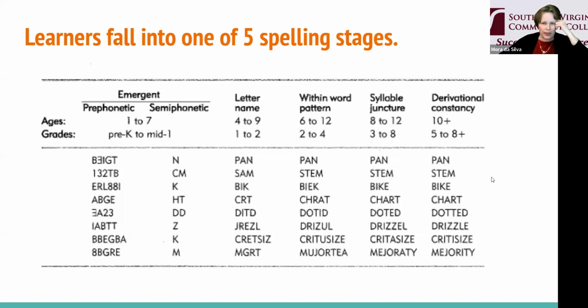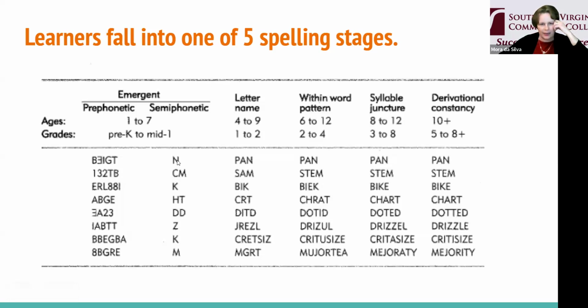Looking across here, say we had a student sample of a spelling word, and the word was pan. We asked them to spell pan. In the emergent stage, they're still drawing pictures. They can't really make letters yet.